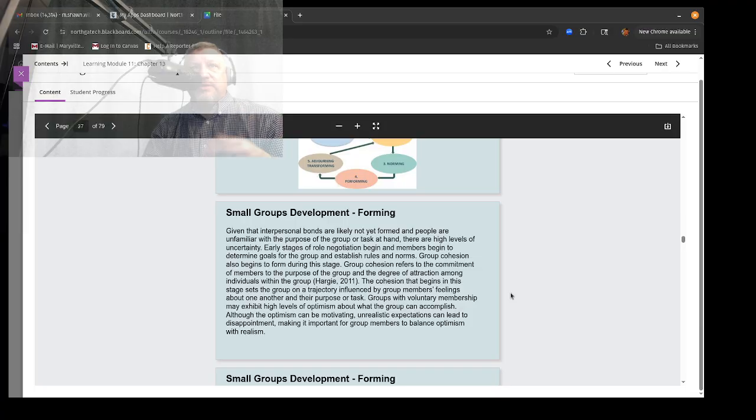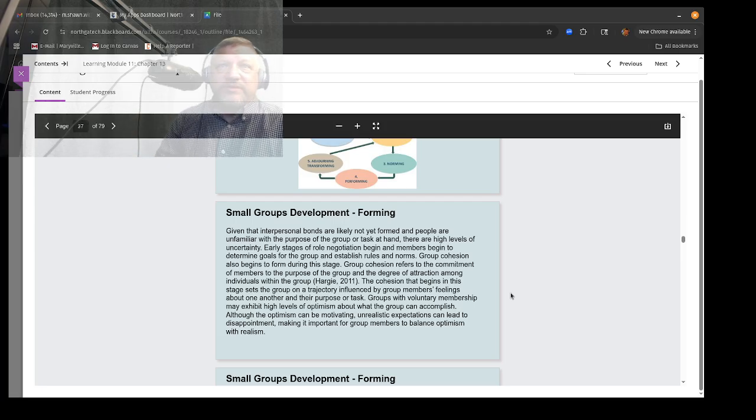Group cohesion refers to the commitment of the members to the purpose of the group and the degree of attraction among the members of the group, meaning how much they like each other. Cohesion that begins in this stage sets the group trajectory, and it's influenced by the group members' feelings about each other and their purpose or task.